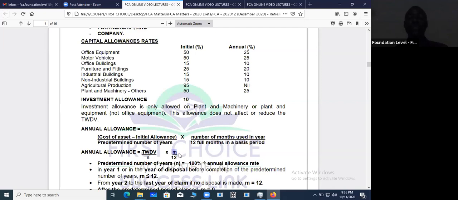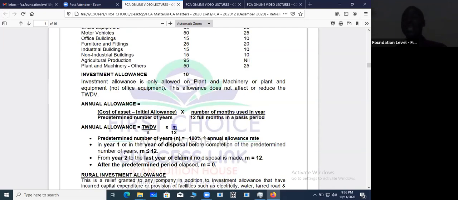So it's as good as if you are not claiming any allowance, because 0 divided by 12 will give you 0. 0 multiplied by anything will give you 0. So your annual allowance is 0 after you have claimed your capital allowance.